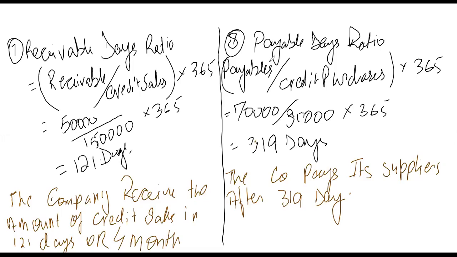If I divide 319 by 30, assuming 30 days per month, we are paying the money in about 10 months.